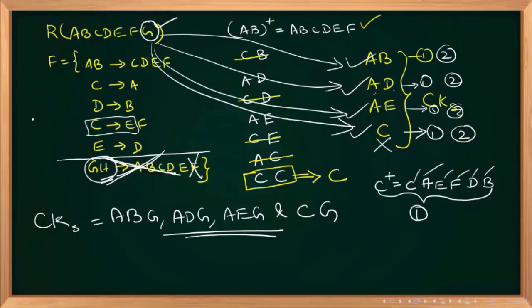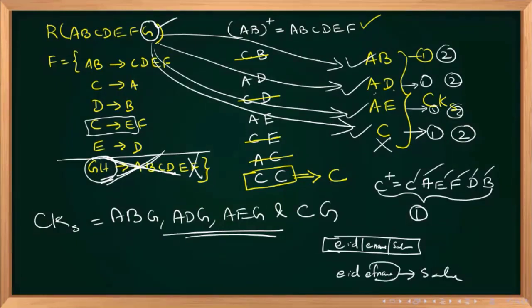In your table, assume that you are having a table. Employee ID is there, employee name is there, and salary is there, and somebody is writing a functional dependency that EID and employee's father name determine salary. Employee's father name is not there in the schema or table.